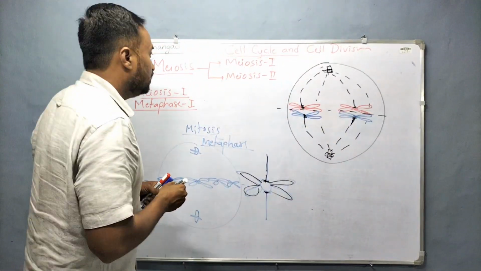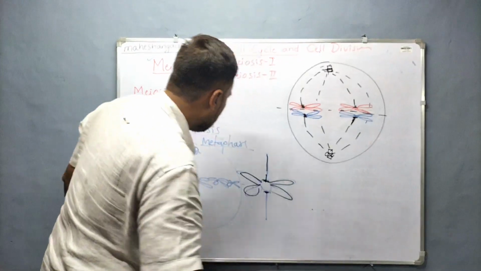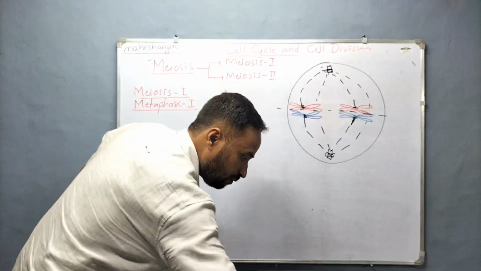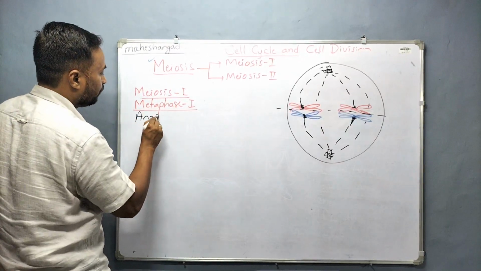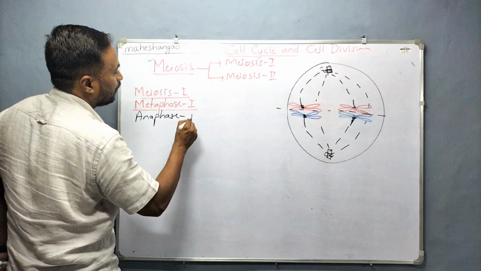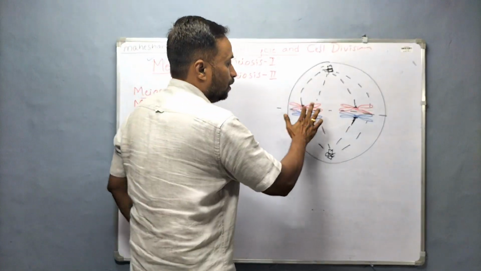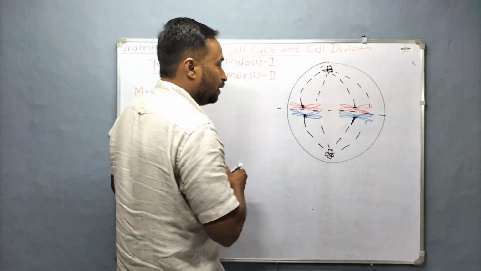This is metaphase 1. Then in the next phase, anaphase 1, what happens? The homologous chromosomes get separated.